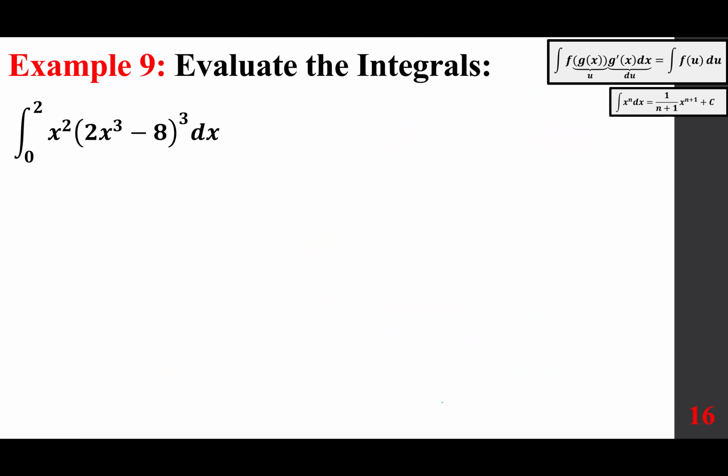So the integral of 0 to 2 of x squared times (2x cubed minus 8) quantity cubed dx. We want to integrate this. Obviously, 2x cubed minus 8 is a more complicated polynomial. That is the choice option. And therefore, the derivative is 6x squared makes du 6x squared dx.